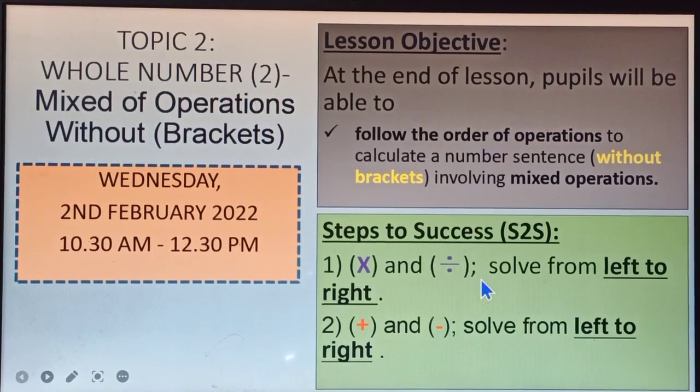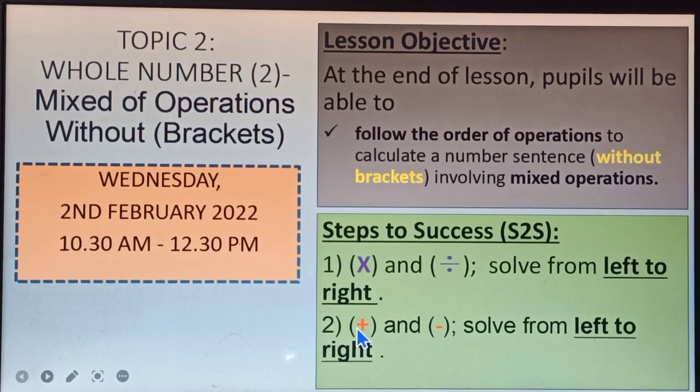Okay. So, our step to success is, number one, okay, stepnya senang saja. Utamakan step one, kalau kita terlihat kali and divide, we have to solve it from left to right. Okay.